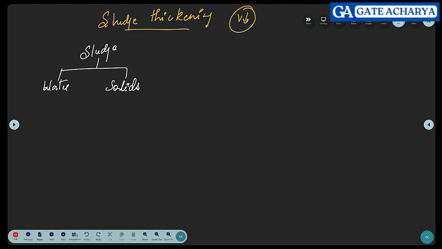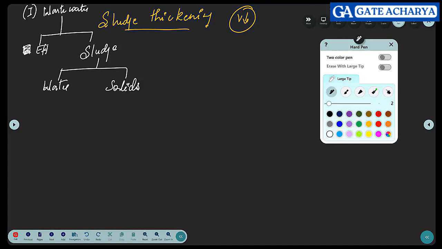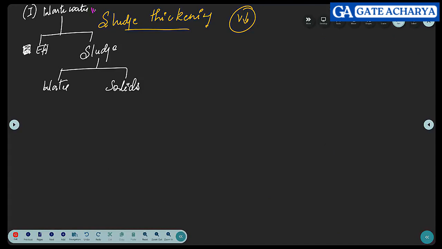So இந்த ஸ்லட்ஜுக்கு முன்னாடி, if we consider the wastewater, influent எடுத்துட்டோம் அப்படின்னா, it has effluent, nothing but water, and sludge. If you consider wastewater as 100%, 99.99% will be effluent, 0.01% will be the sludge.